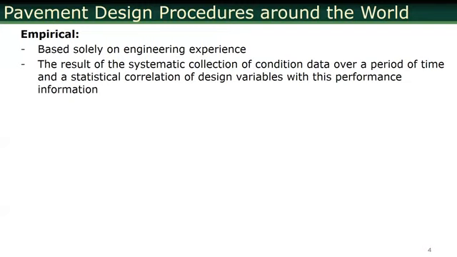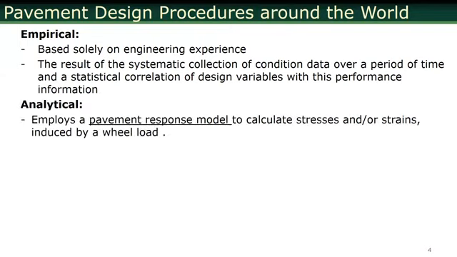There was a big road test, and a whole bunch of pavements with different structures were tested in Illinois, and their performance has been monitored over time, their structural performance, their thicknesses, and the distresses are correlated, and that's where the AASHTO 93 design comes from.